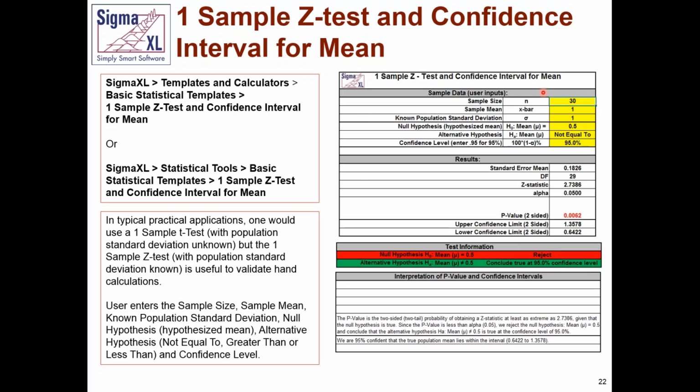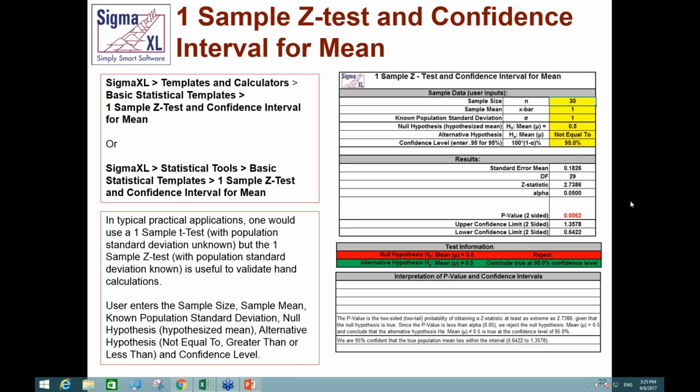So here you put in your sample size, your sample mean, your known population standard deviation, and you get your p-value. In this case, it's a reject the null hypothesis, and you also get the useful test information. In this case, you're rejecting the null hypothesis and you're concluding that the alternative is true. All right, so that's the one sample z-test.